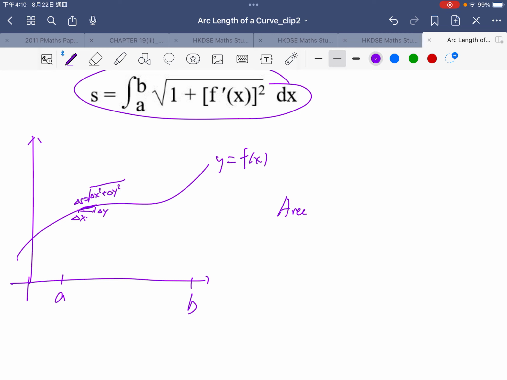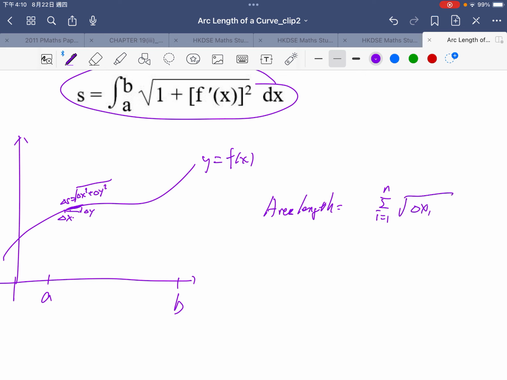Therefore, arc length is equal to the summation, i from 1 to n, of the square root of delta xi squared plus delta yi squared, and we take the limit as n tends to infinity.